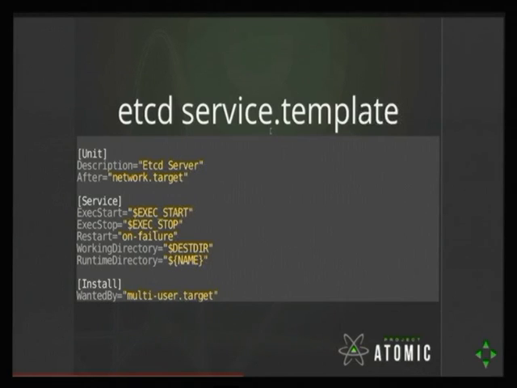That exec start variable will get the value from Atomic, and it will be the command line to run runc. So what we do in this case is we specify the working directory, where there is the destination on disk where we have the checkout of the container, and from there we launch the runc process.